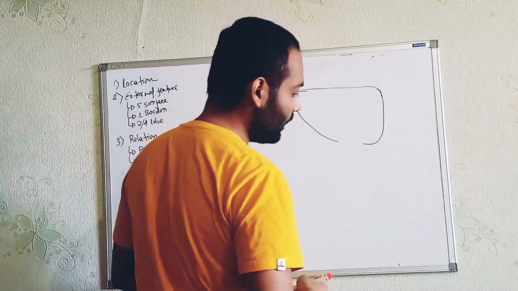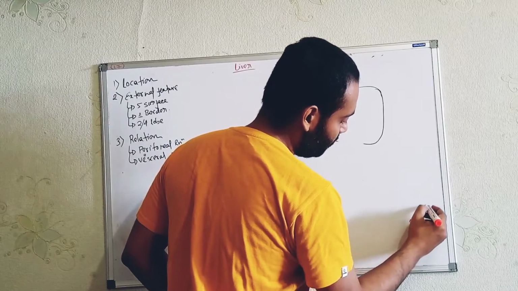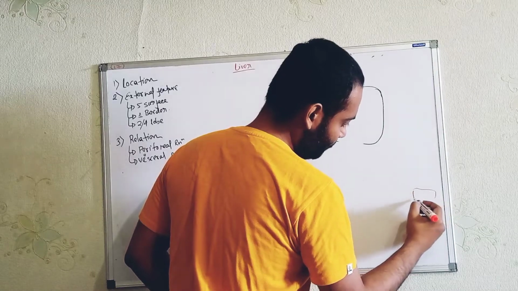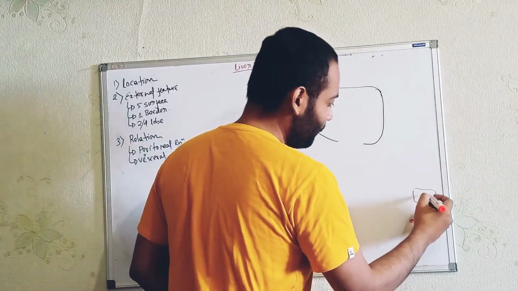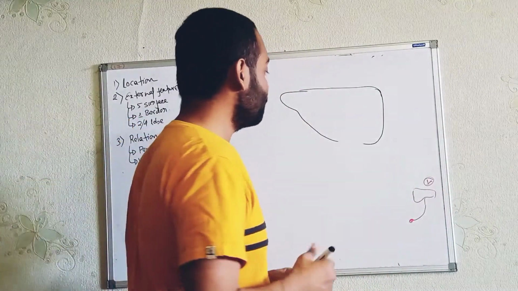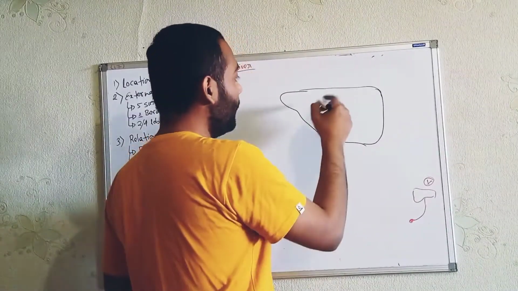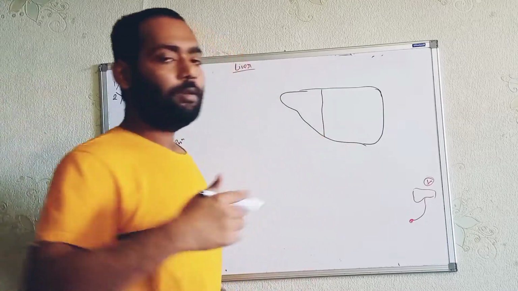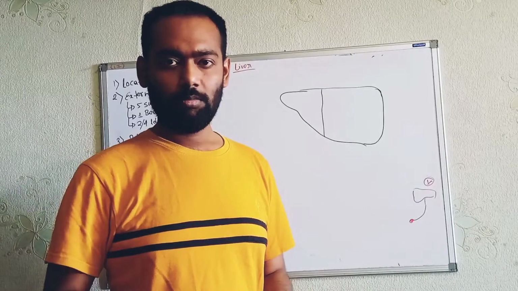Okay, I'm going to do something like this because I will tell you a good concept, a clinically oriented concept. Okay, remember me. Now this is our liver. In the posterior surface, we know there is some virtual line. So when you make a diagram, just don't copy it from a book.